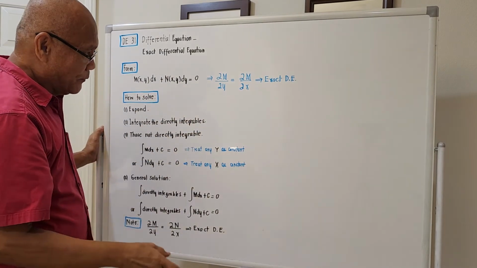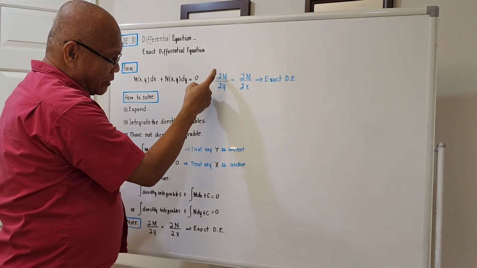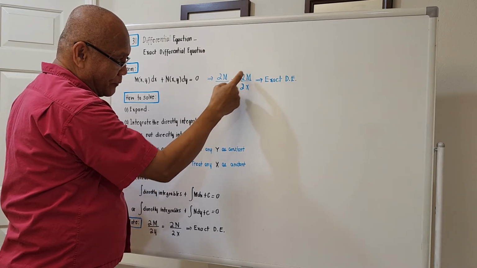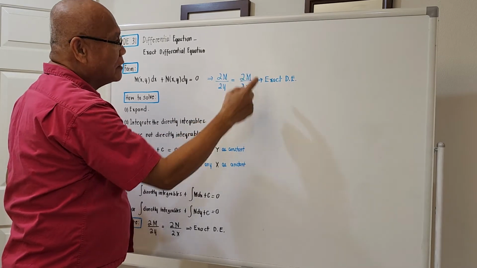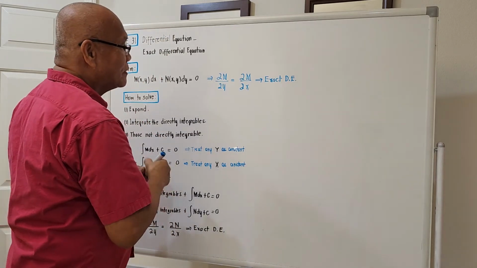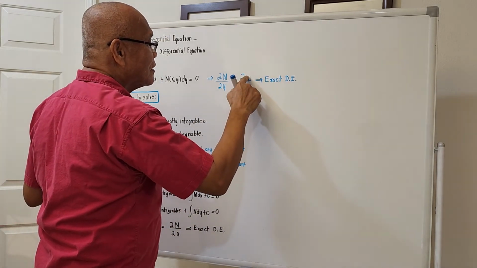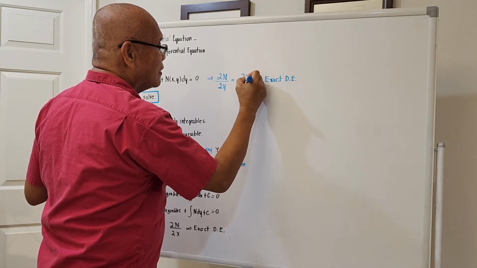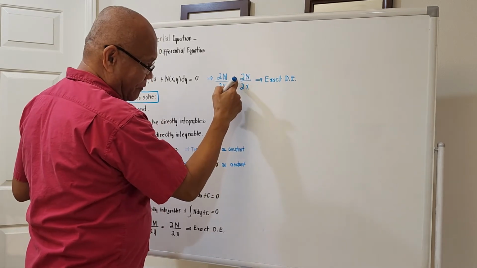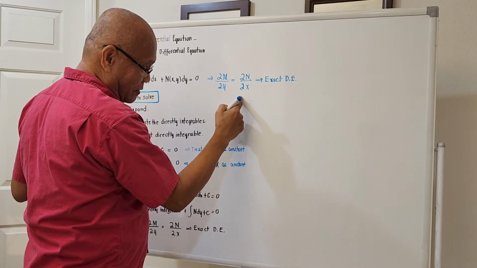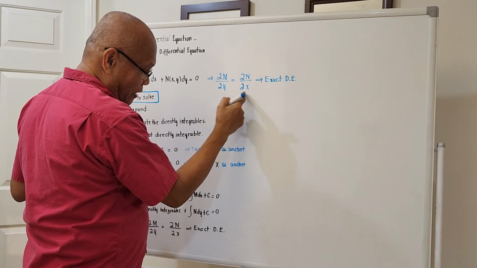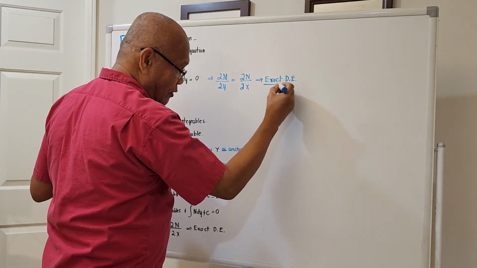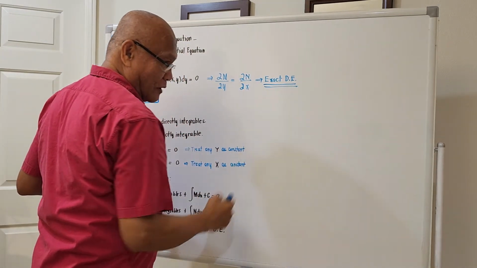If the partial derivative of M with respect to y is equal to the partial derivative of N, sorry for this syntax error guys, this should be N, the partial derivative of N with respect to x. If these two here are equal, we could say that the given differential equation is an exact differential equation.